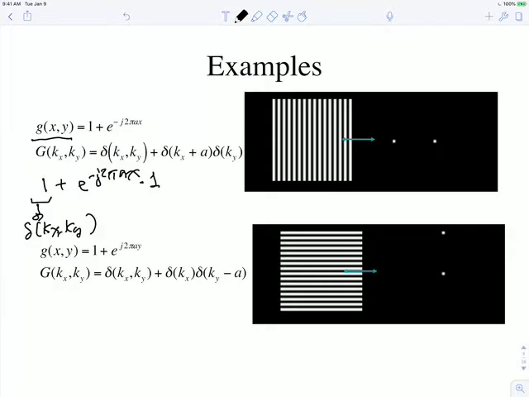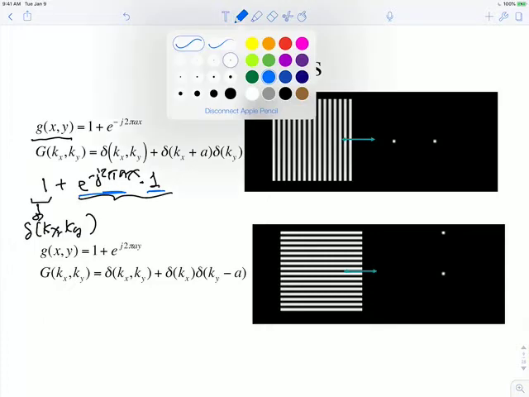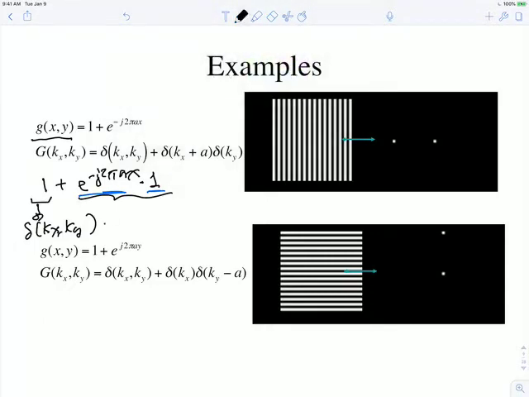But this one here is now a separable function. This term is a function of x, and this term is a function of y. So then I would write this as plus the Fourier transform of e to the minus j 2 pi ax. That's telling me that there's a complex exponential with a frequency, and the frequency is actually at minus a, because of this minus sign.